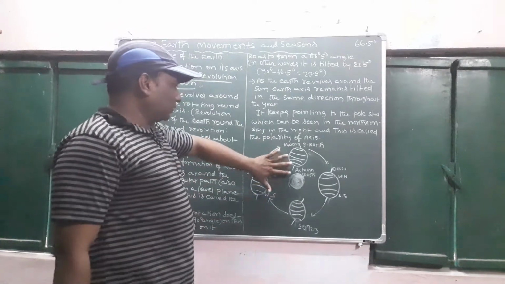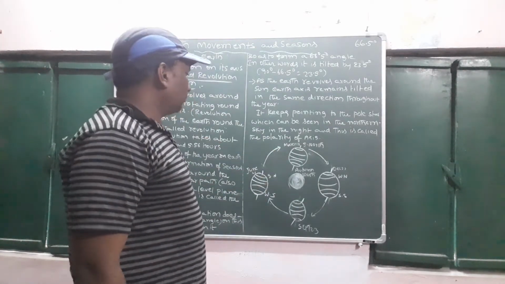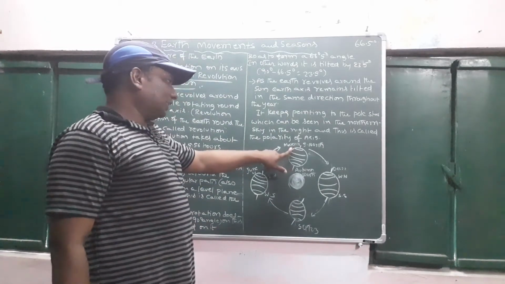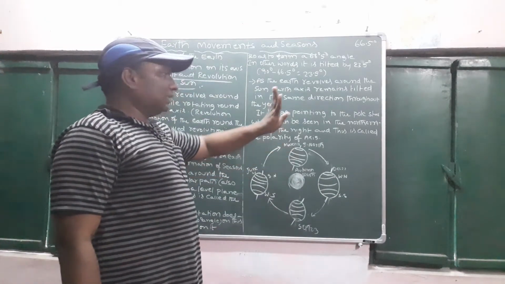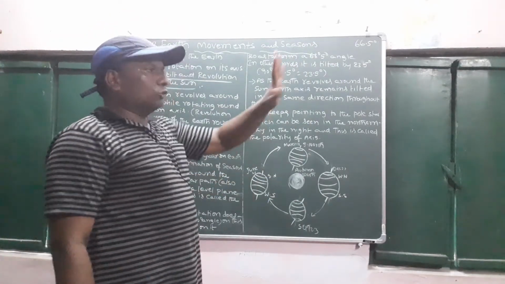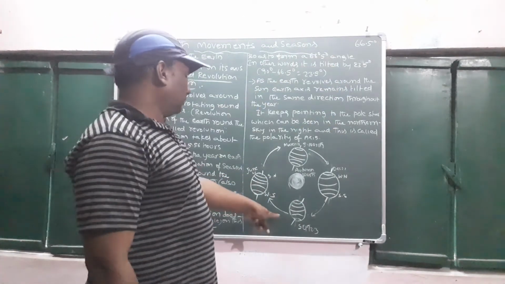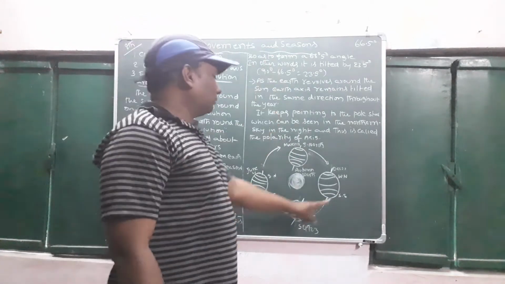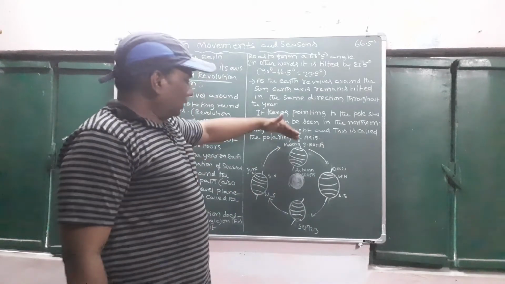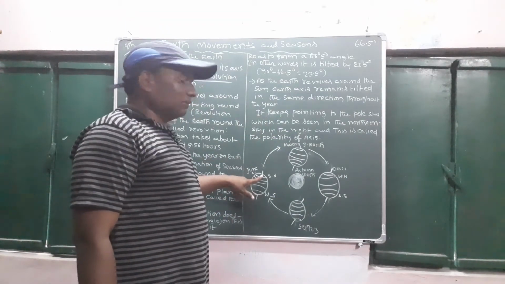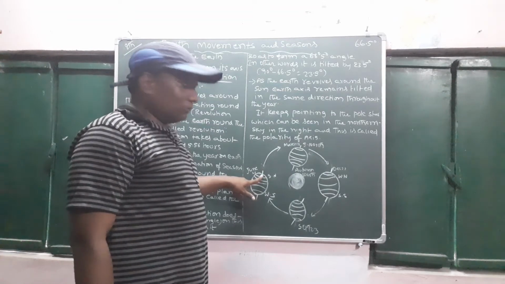If you observe this diagram, you are able to understand. See here, March 21st, March, April, May, June 21st, June, July, August, September 23rd, September, October, November, December 22. Suppose here, June 21, which hemisphere is this?